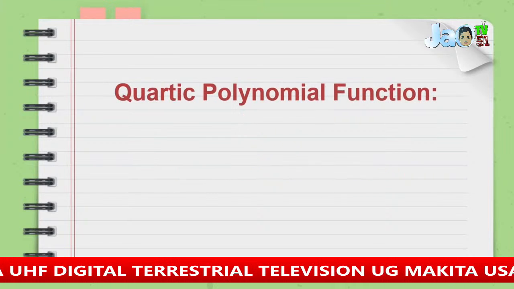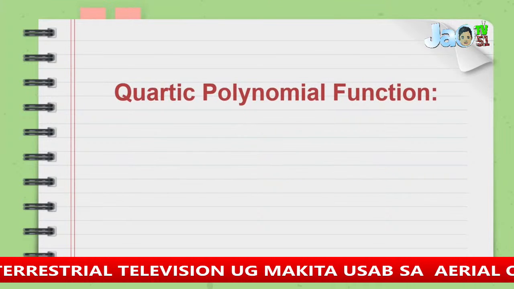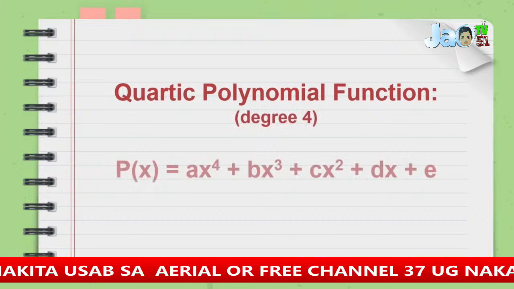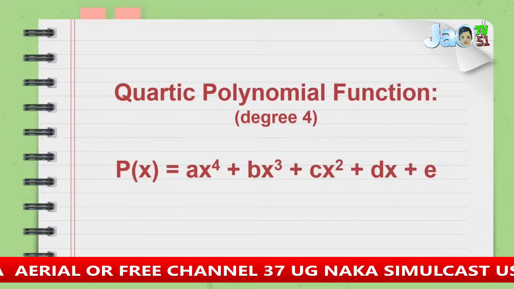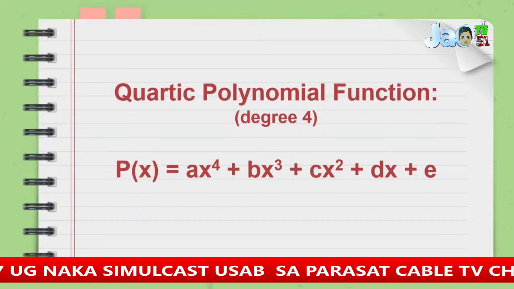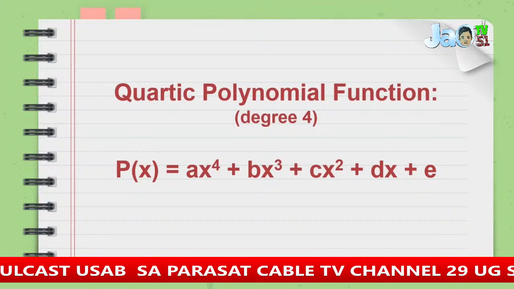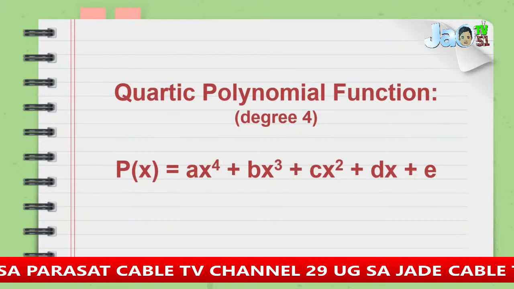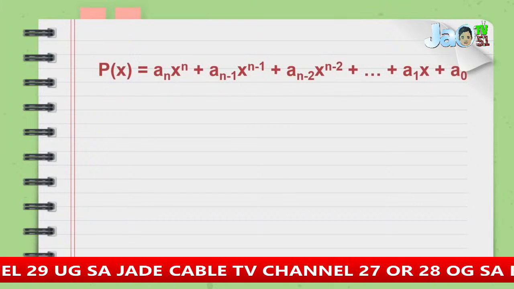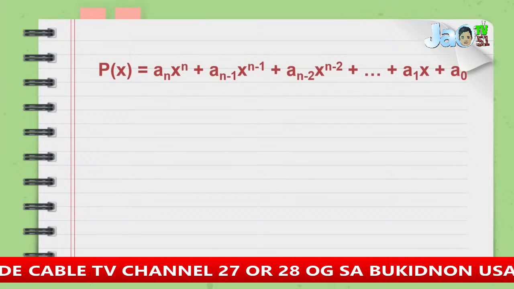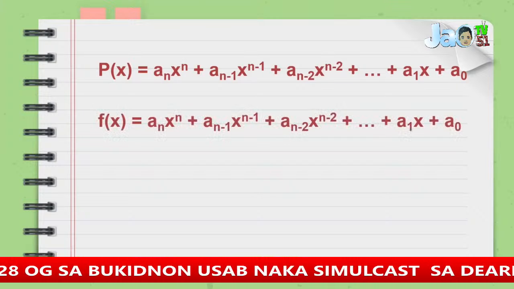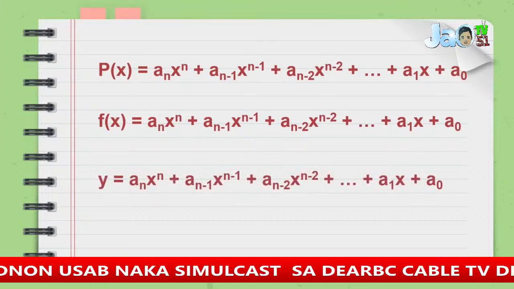And last, the quartic polynomial function of degree 4, written as p of x is equal to ax to the power of 4 plus bx cubed plus cx squared plus dx plus e. Other than p of x, a polynomial function can be written in different ways. The following are f of x or y.